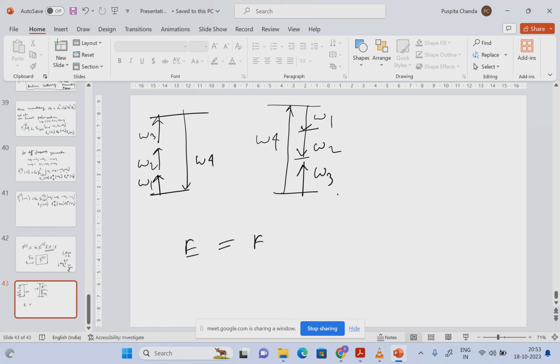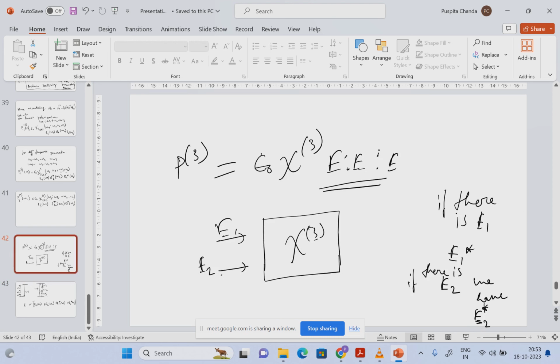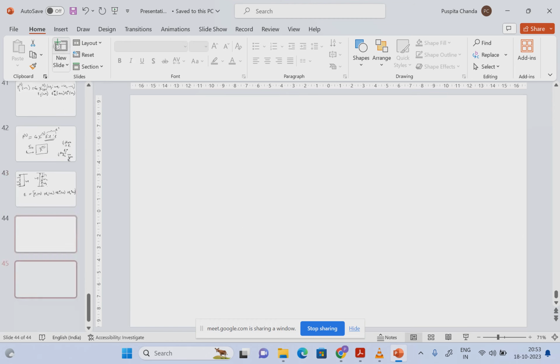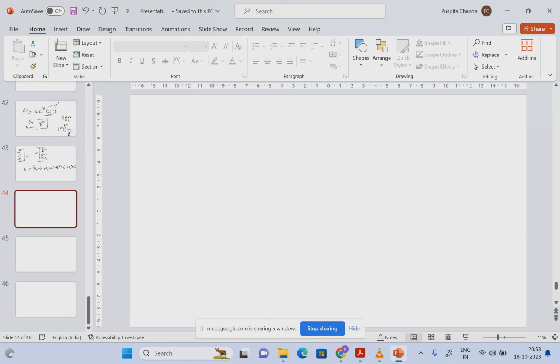So here the electric field is E1 at omega 1 and E2 at omega 2, plus E1 star at omega 1 plus E2 star at omega 2. Okay, this is basically E cube. So first, let us obtain E square.